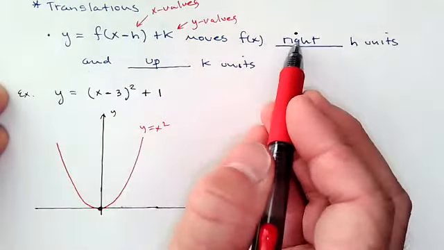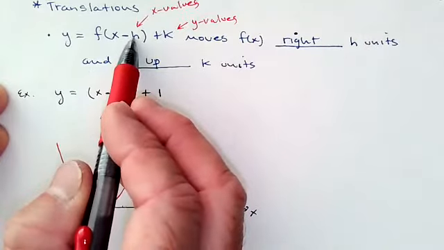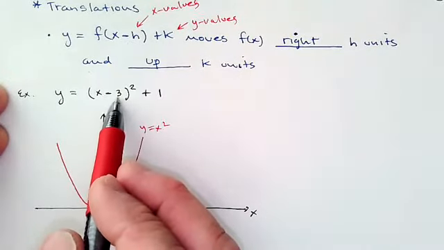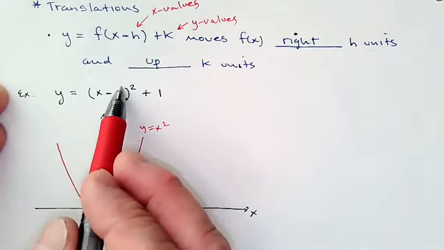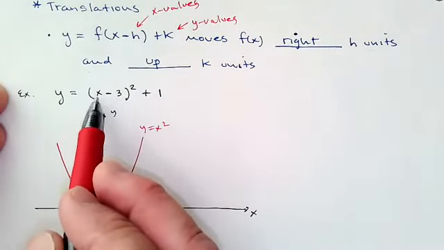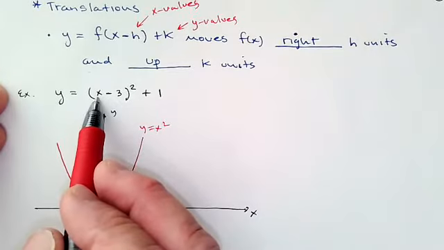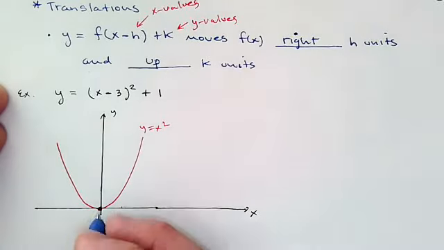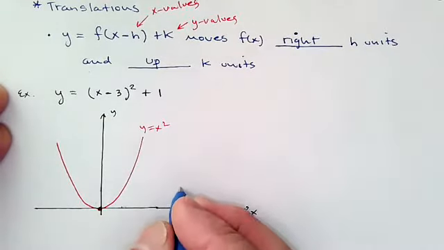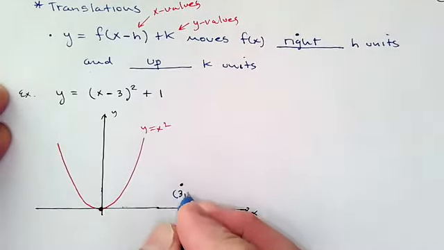But this sheds some light into why x minus h moves the graph to the right instead of the left. Because notice the smallest thing I can get out of this is going to happen when x is +3. That'll give me 0 squared plus 1. So that's why this graph actually moves over 3, up 1.